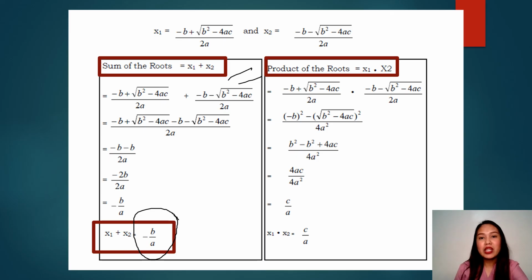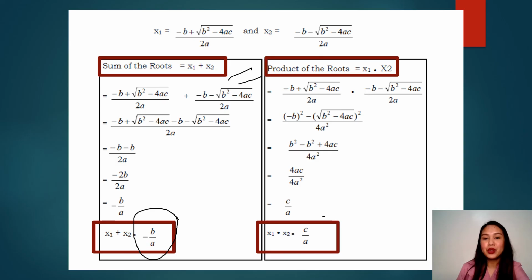If you're going to get the product of the roots, x sub 1 times x sub 2, that is simplified as c over a. This is the formula that you are going to use, substituting the values of a, b, and c again. Simple as that. Let's have an example.